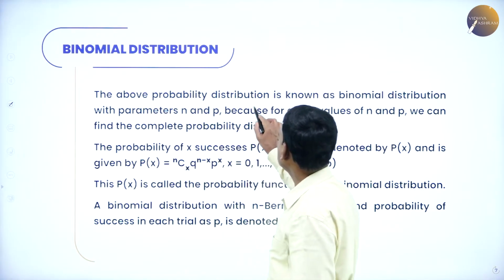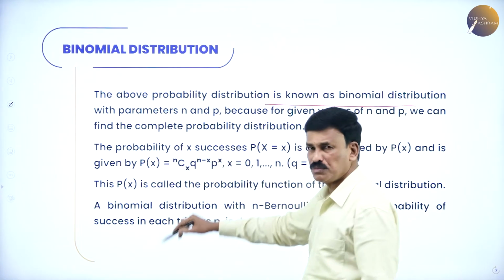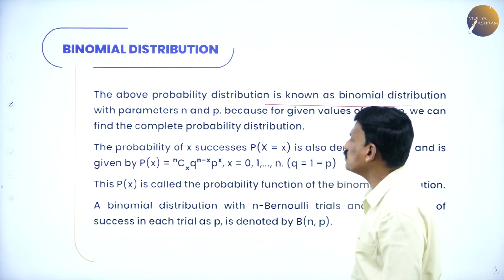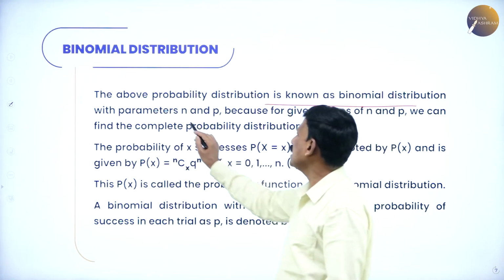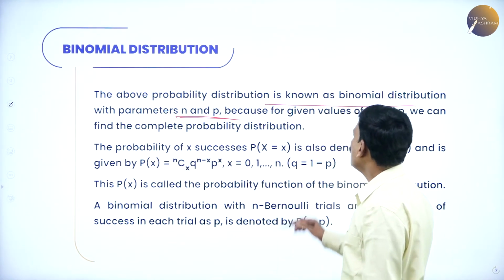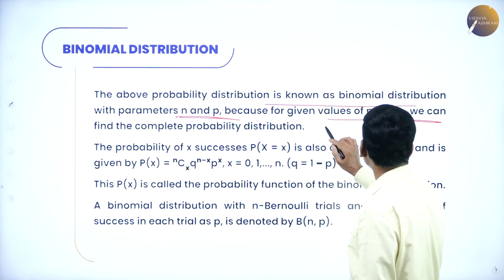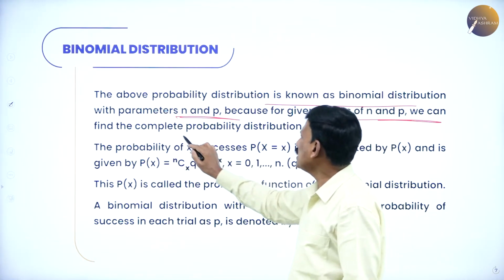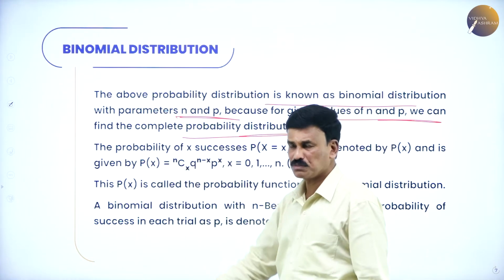The above probability distribution is known as the binomial distribution with the parameters n and p. This is important: the parameters are n and p, because by giving the values of n and p, we can find the complete probability distribution.